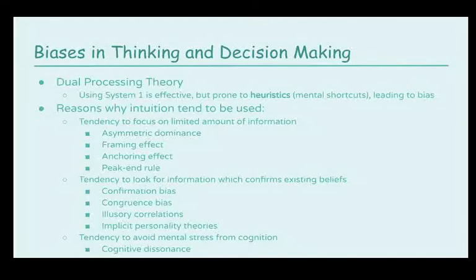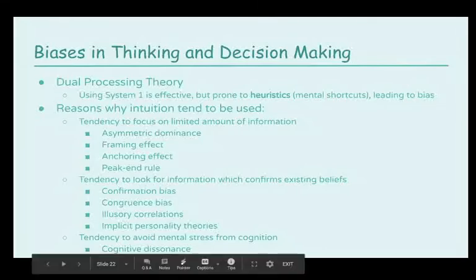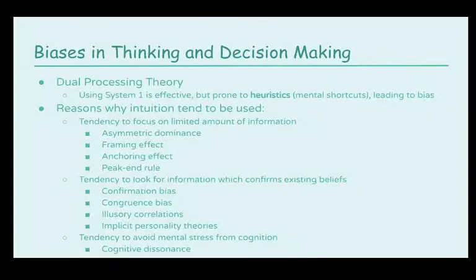So, using intuition, it would be faster to confirm what we know, so the thinking process and decision making would be more effective. And the last one would be the tendency to avoid mental stress from cognition.